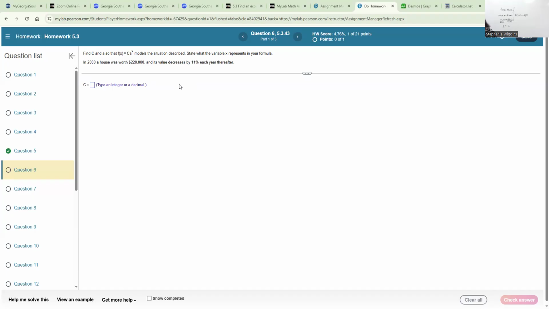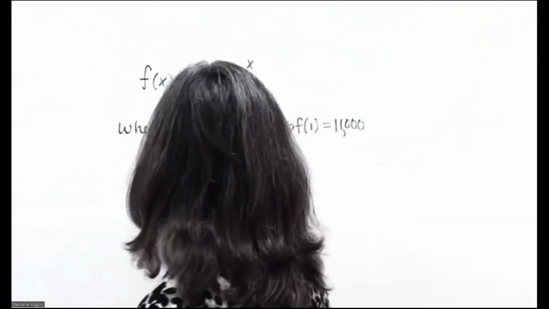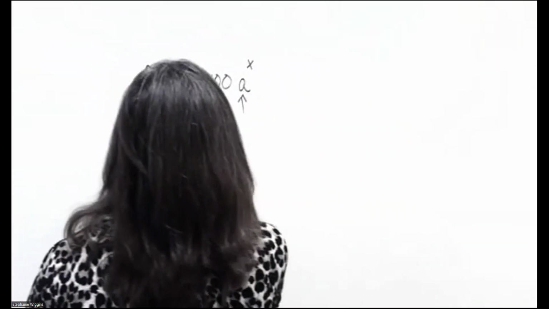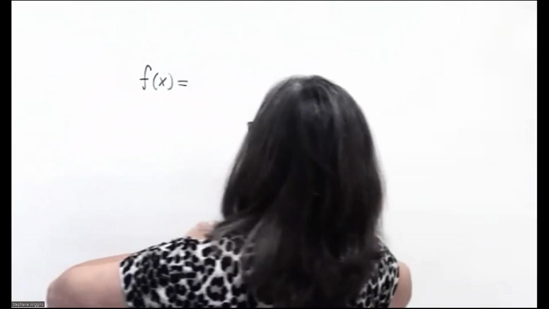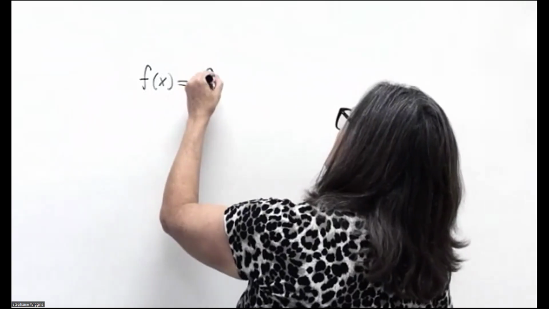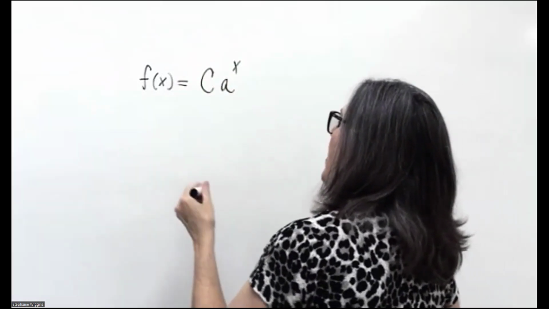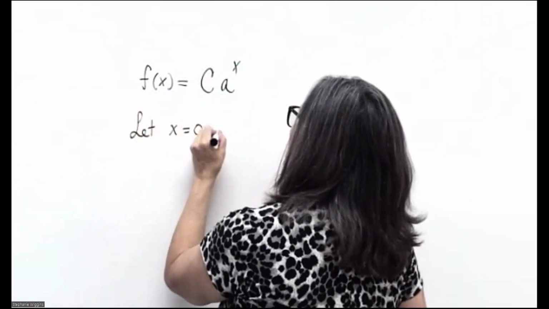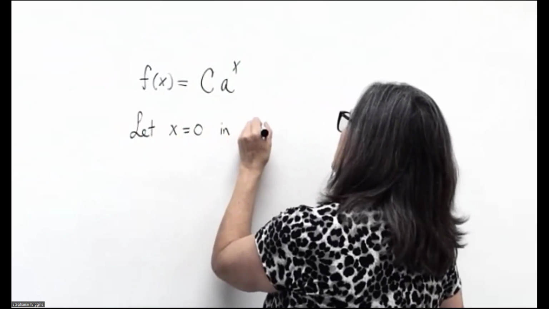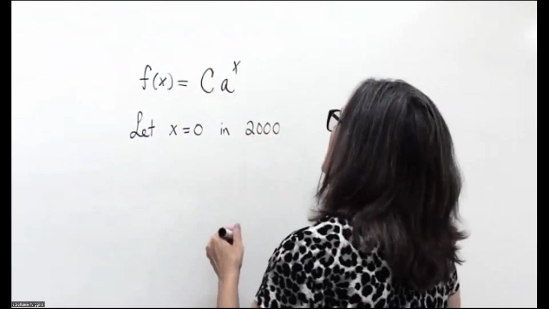So let's go back to the board. And I'm going to erase this. Our exponential model is still c a to the x. And initially in 2000, let x equal 0 in 2000. And x is the number of years.